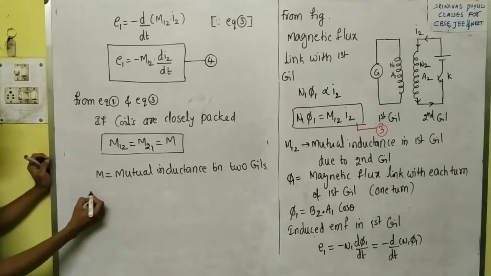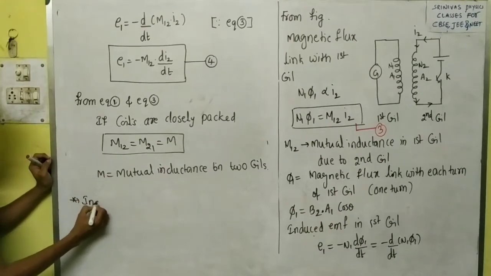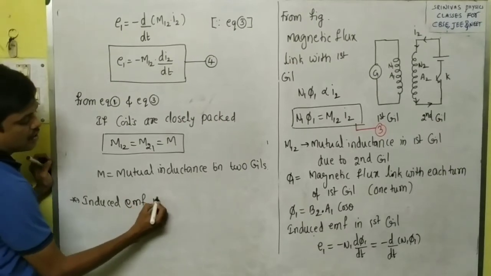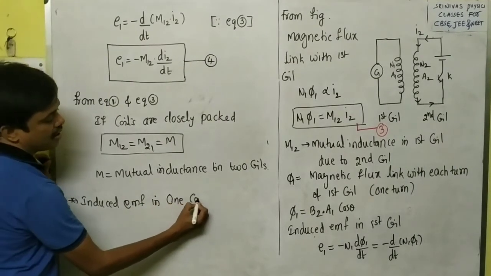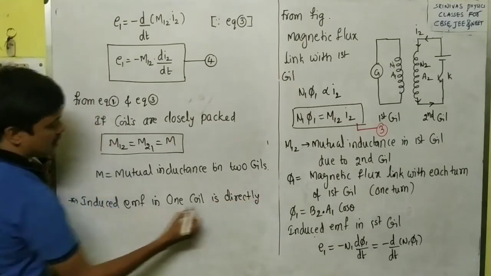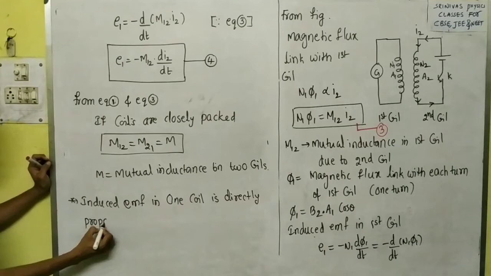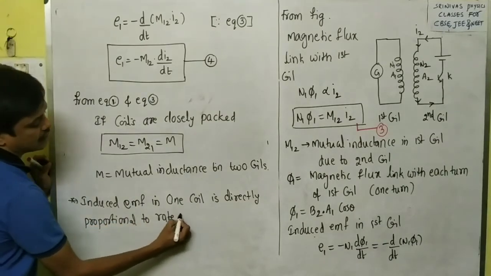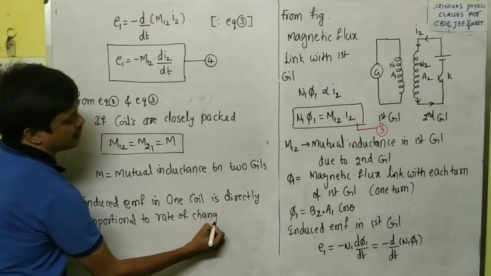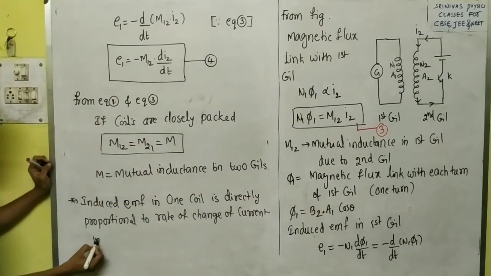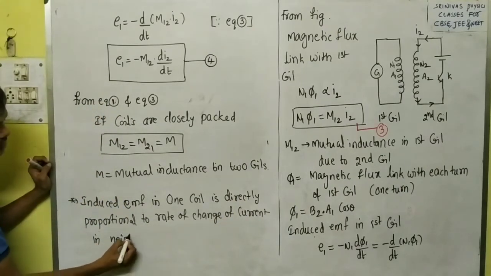And here the induced EMF in one coil is directly proportional to the rate of change of current in the neighboring coil.